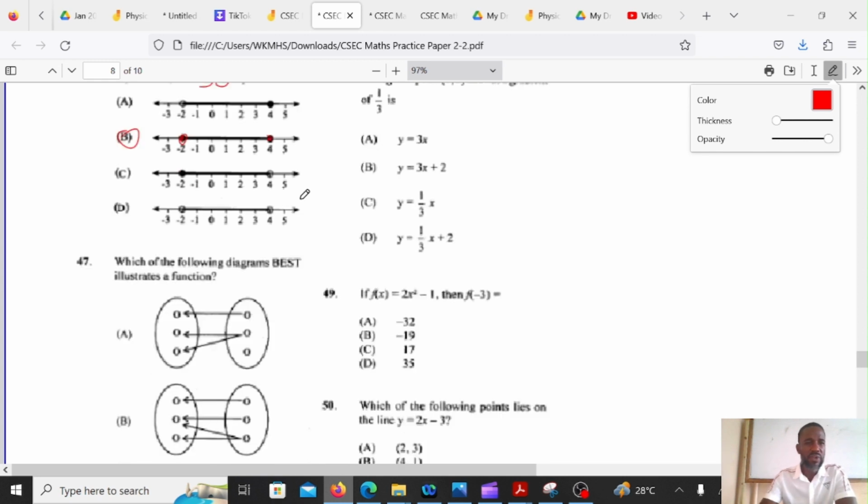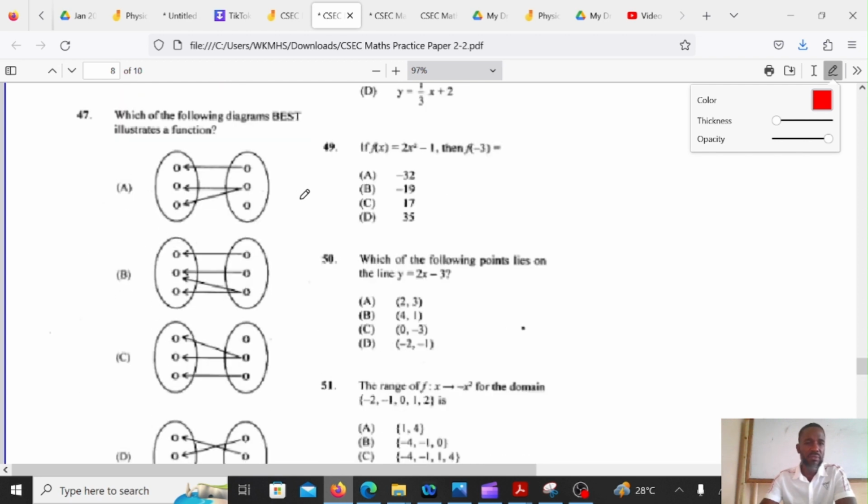Moving on to 47, it says, which one of the following diagrams best illustrates a function? We have the domain here and the codomain on this side. Whenever we have a function, it is one arrow, but once we have more than one arrow leaving an element, it is not a function. Here we have two arrows leaving this element, so this is not a function.